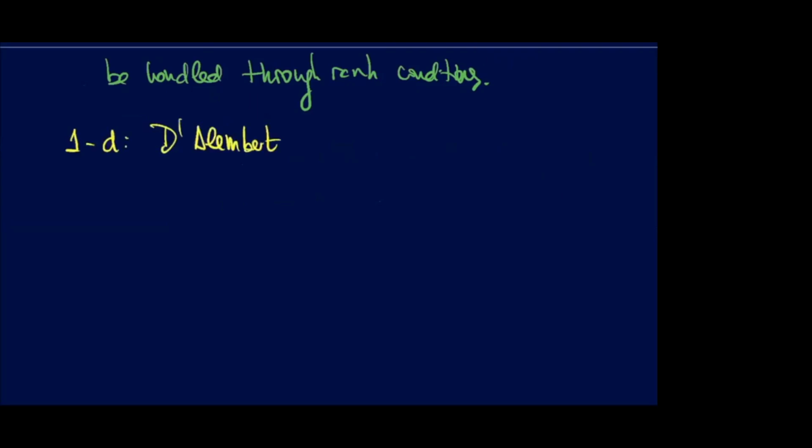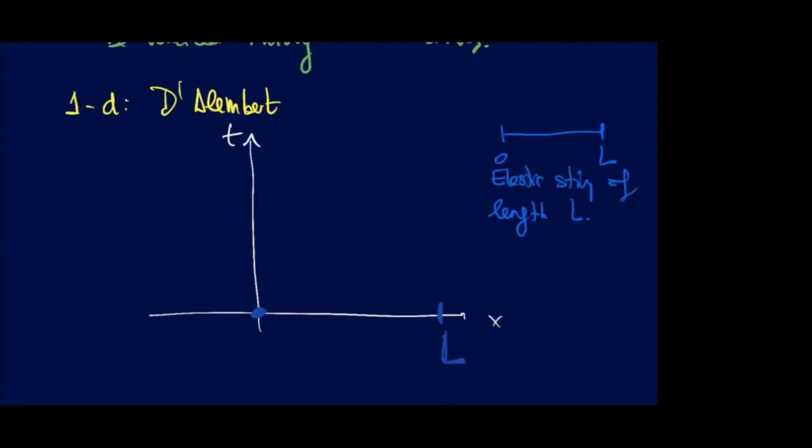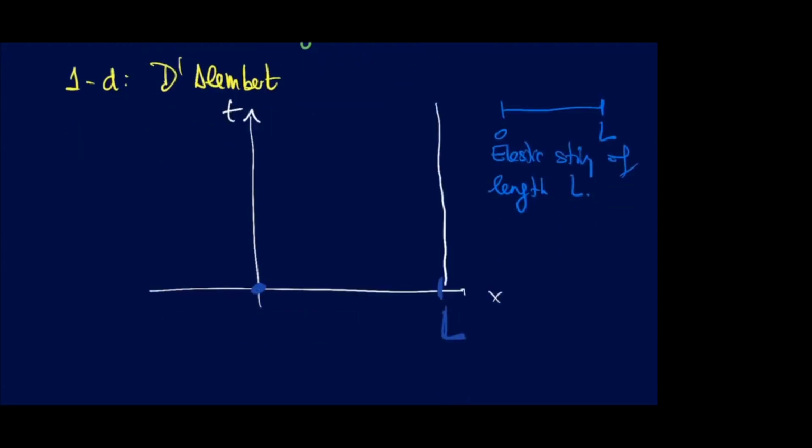So in 1D, we are just considering, so this is x, the interval from 0 to L. This is an elastic string of length L. The vertical variable denotes time, and the horizontal one denotes space. So waves are propagating here.